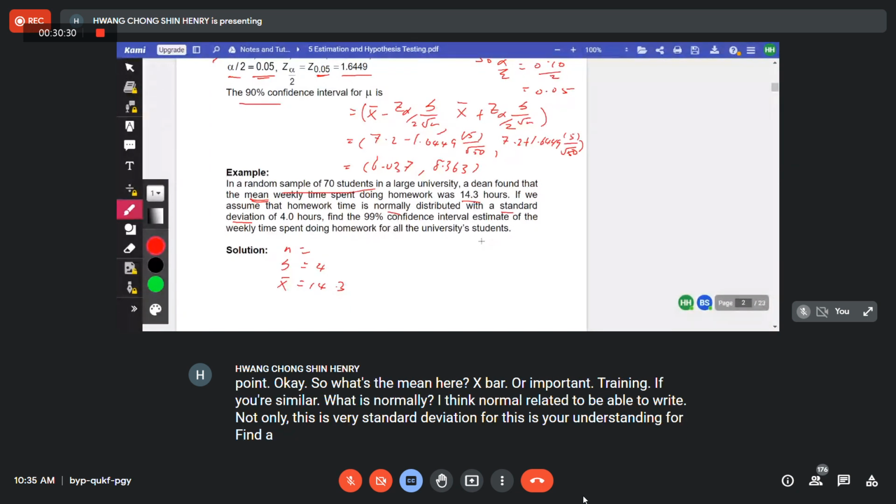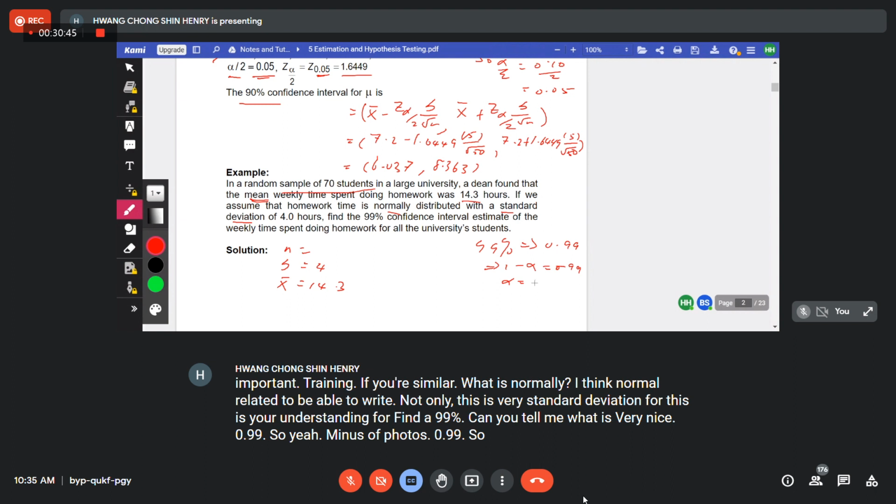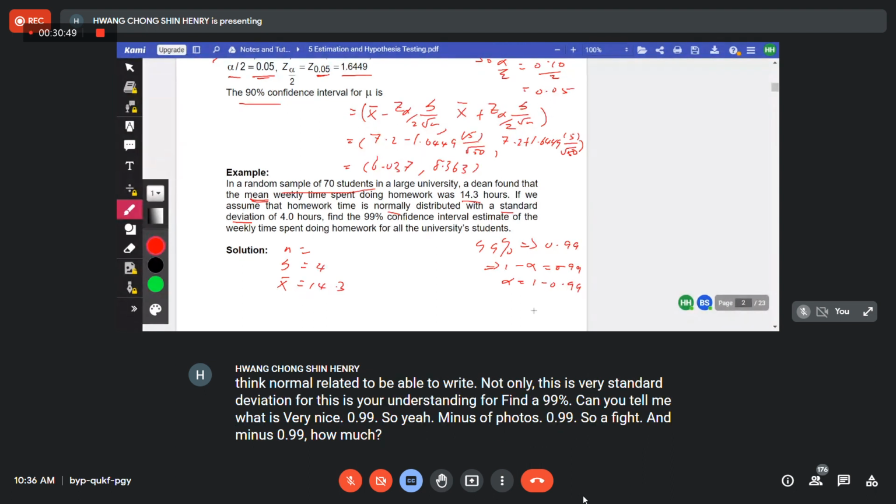Find the 99%. Can you tell me what is your alpha? 99% means what? 0.99, right? So you have to find the 1 minus alpha equal to 0.99. So alpha is what? 1 minus 0.99. How much? 0.01. Don't make mistake.